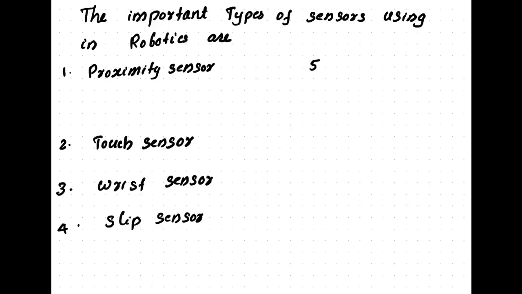The fourth one is slip sensor. Again, this sensor is also attached to the internal surface of the gripper, and its job is to measure the slippage when the gripper holds a particular object, and this will prevent the accidental falling of the object from the gripper.